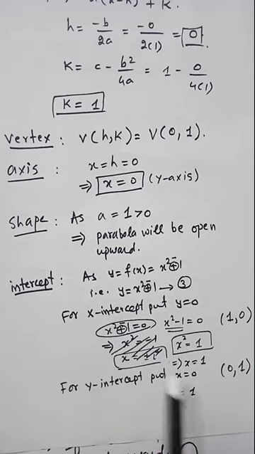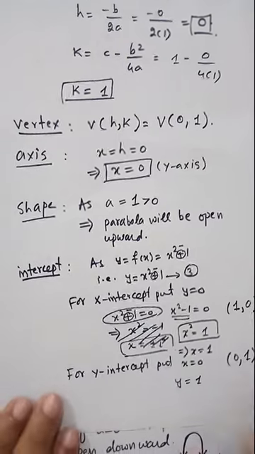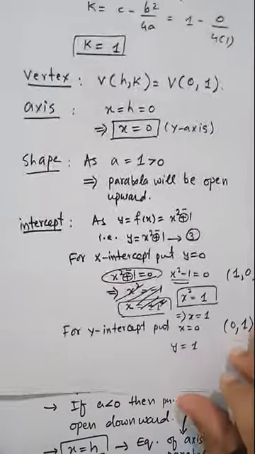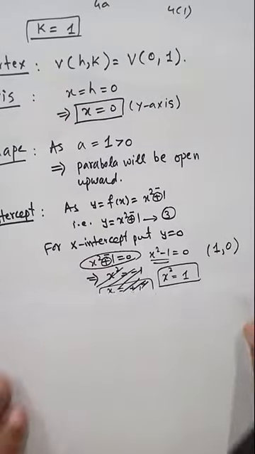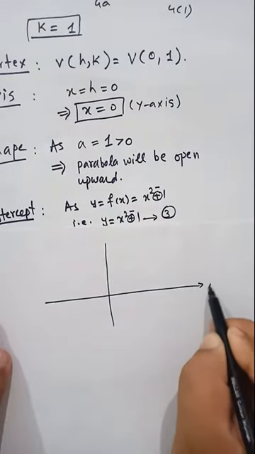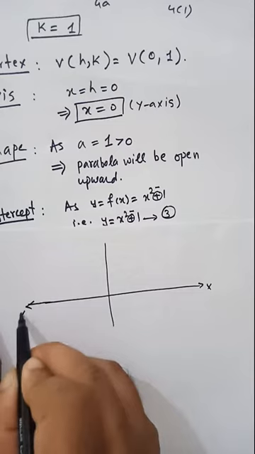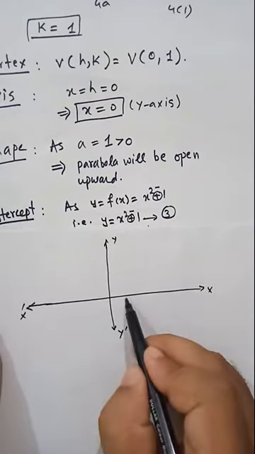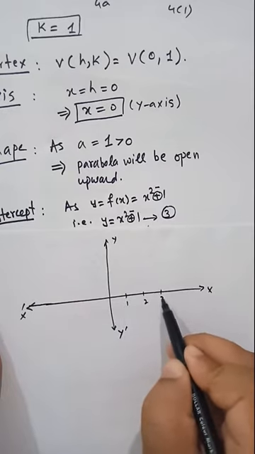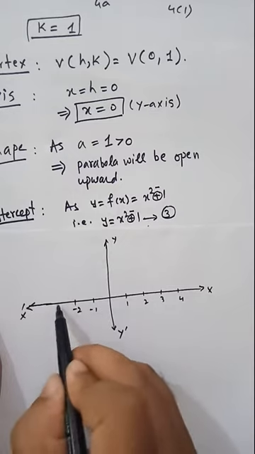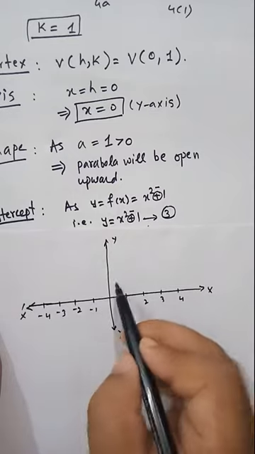But remember, if I draw the graph of this parabola, you see it here, this is the x-axis, now this is my y-axis. Let's say this is 1, this is 2, this is 3, this is 4, this is minus 1, minus 2, minus 3, minus 4.